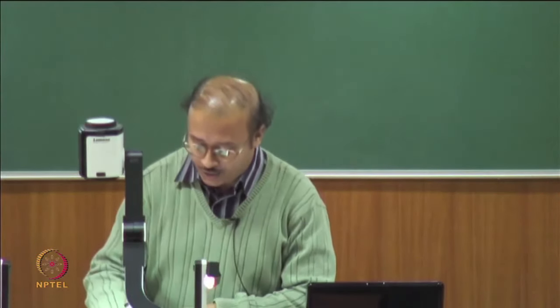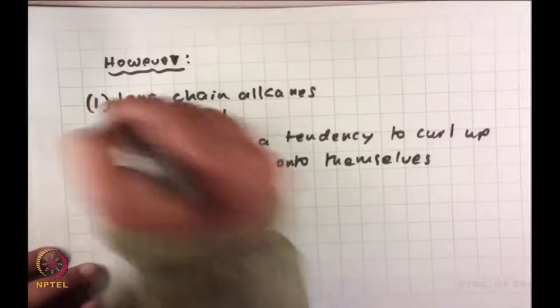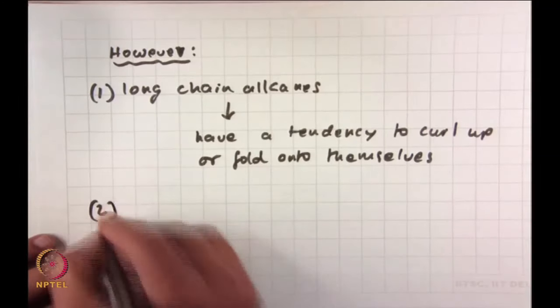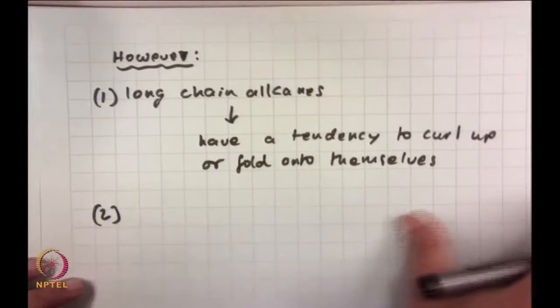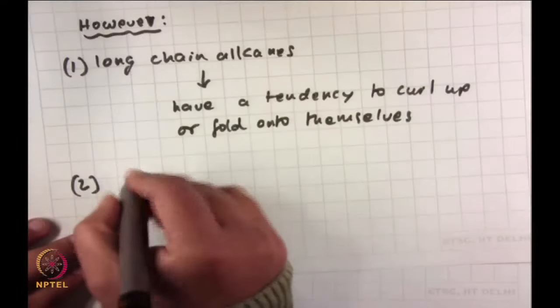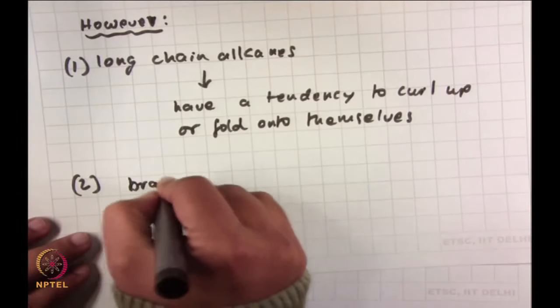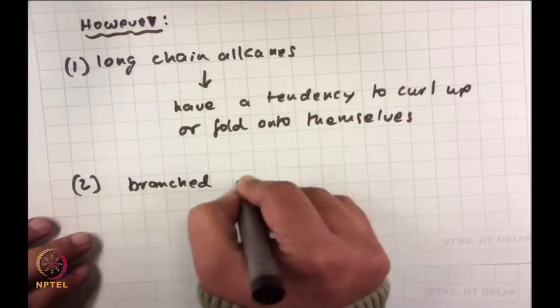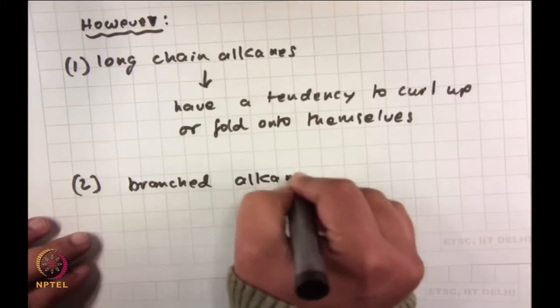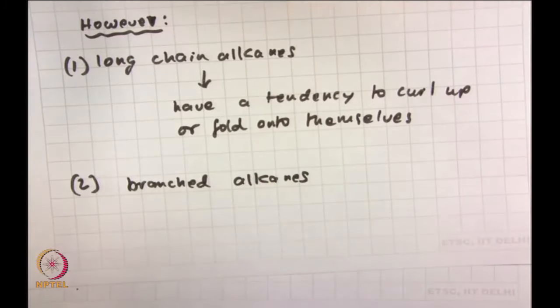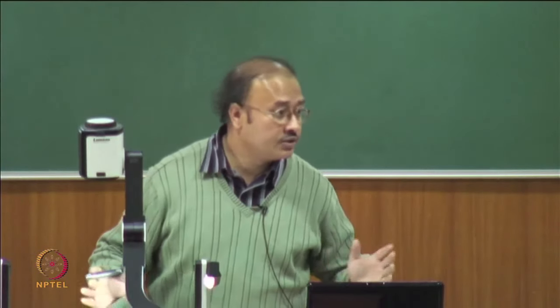And so this was one, and the other one is what if you have branched alkanes? If you have branched alkanes, then depending upon the branching, your accessible surface area will vary, right?